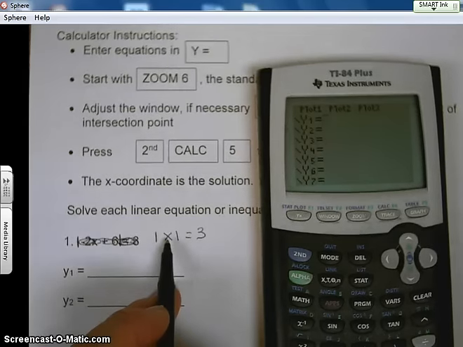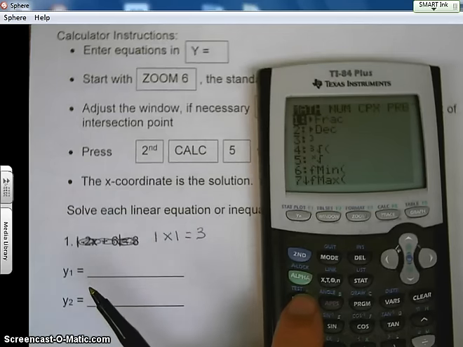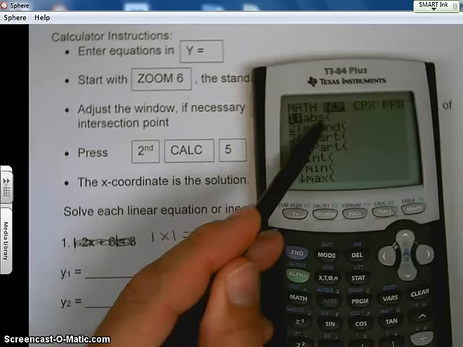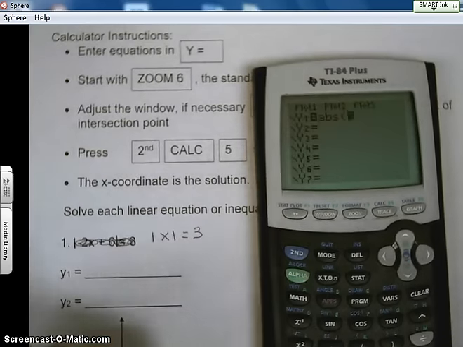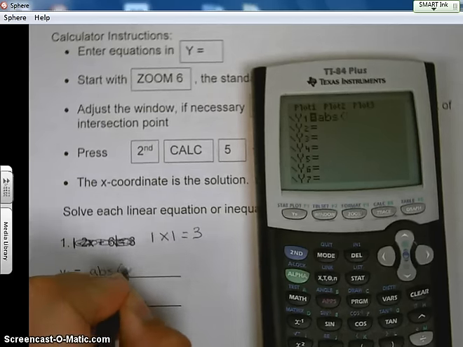To get to absolute value, you're going to go to Math, NUM for number, and it's the very first one. ABS stands for absolute value. So in Y1, we're going to put in absolute value of x.